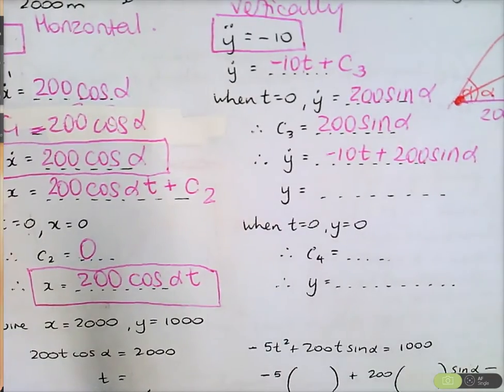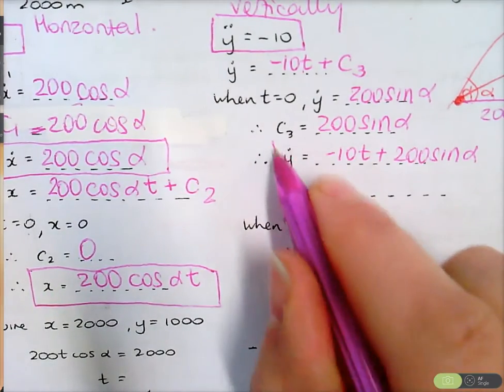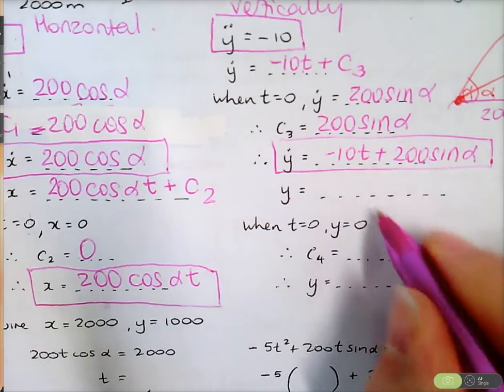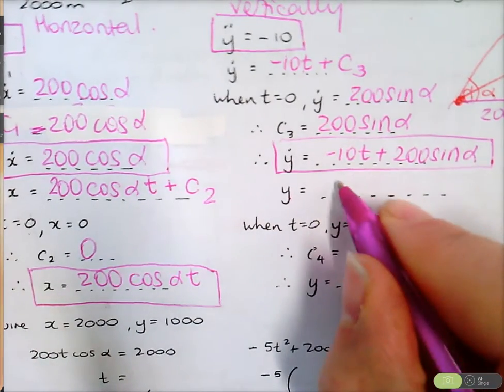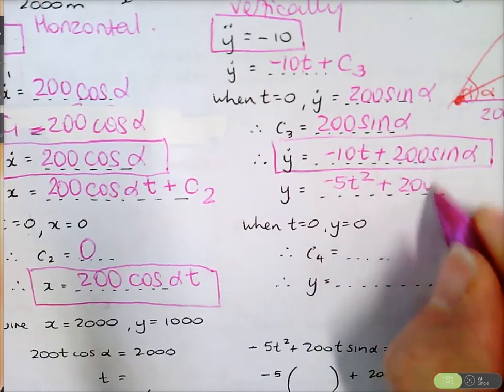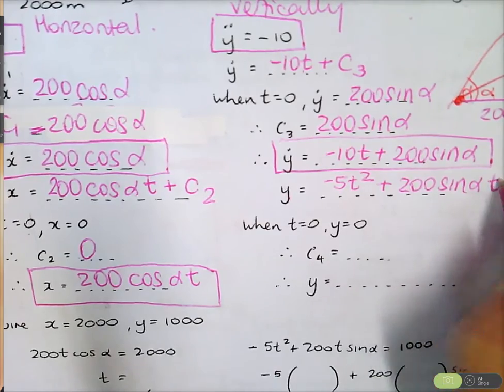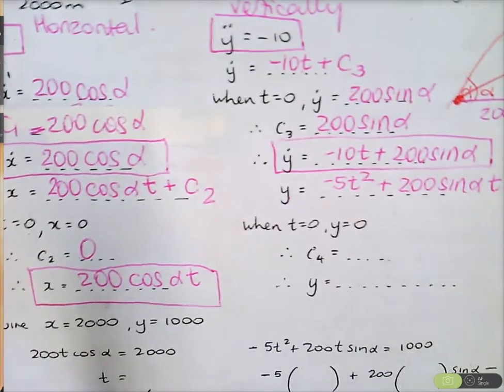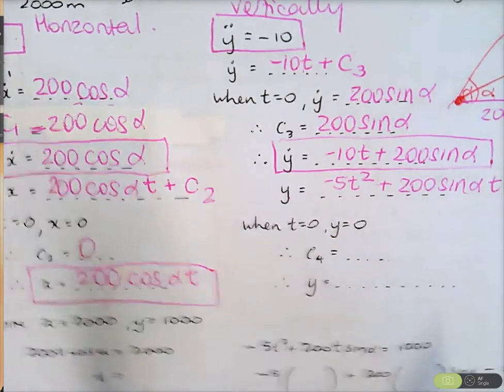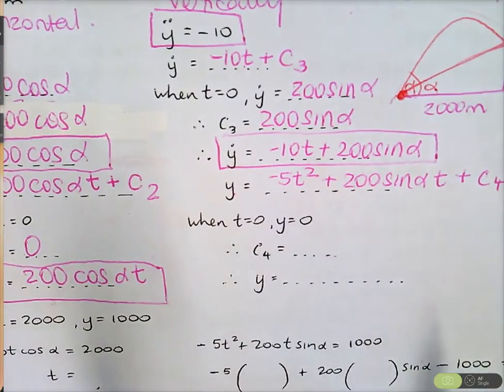What does y equal? So we've got one equation, two equations. Don't we integrate again? And what do you get? -10t squared on 2, which is -5t squared, plus 200 sine alpha t plus constant C4. Now, initially, when t is 0, y is 0. It starts from the ground.